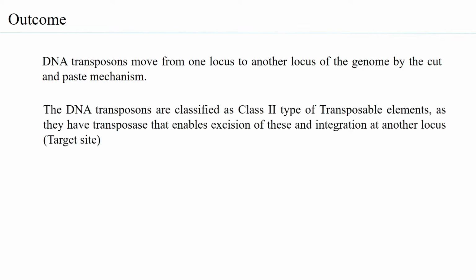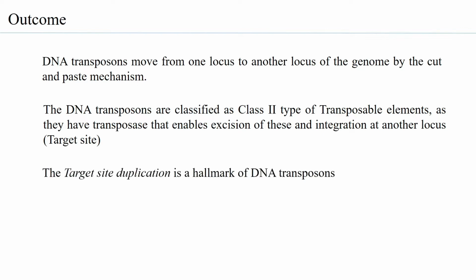The DNA transposons, classified as class 2 type of transposable elements, have transposase, an enzyme that can enable excision of these elements and integration at another locus, which is generally referred to as the target site.